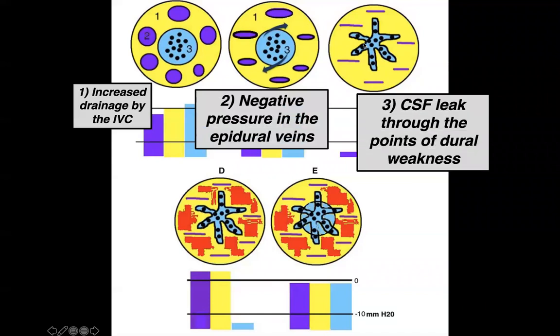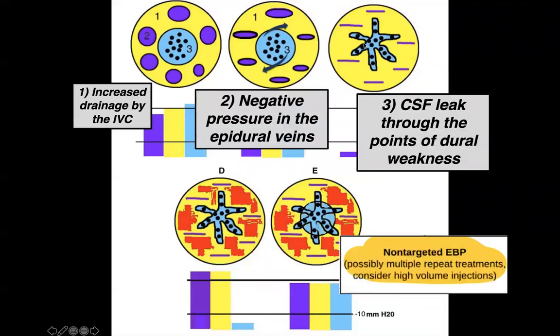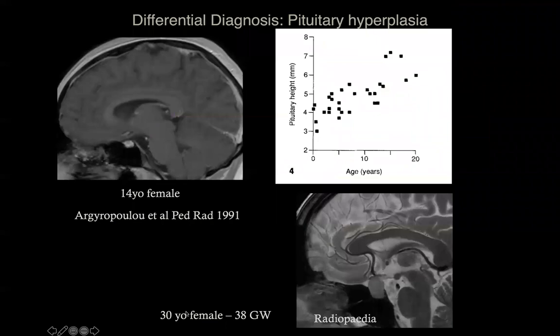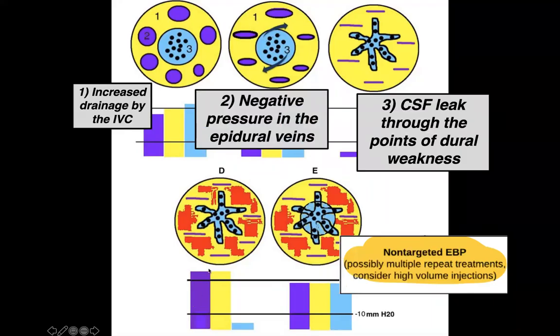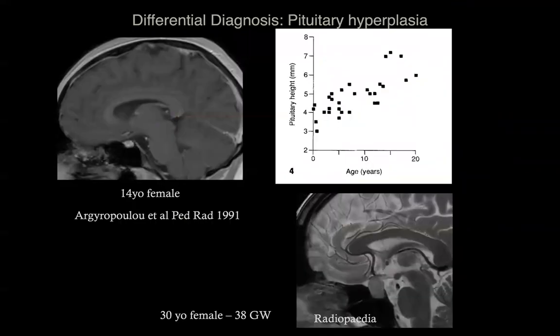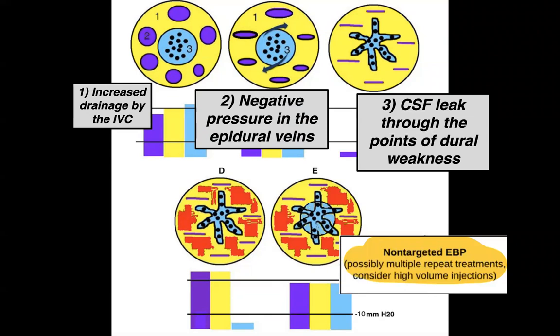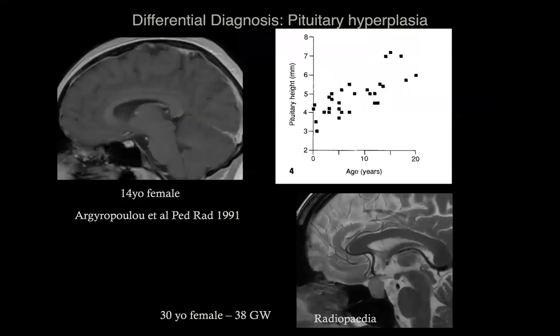If you put an epidural blood patch in the epidural space, you compensate this pressure, and the CSF will be reformed, and you will basically cure the leak. This is just a theory. It doesn't work every time because sometimes this non-targeted EBP does not work. So sometimes you need to identify the leak.